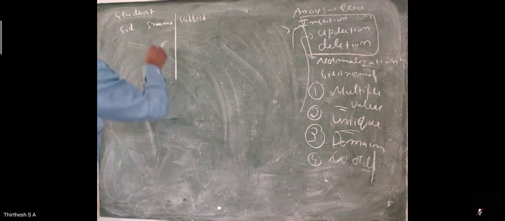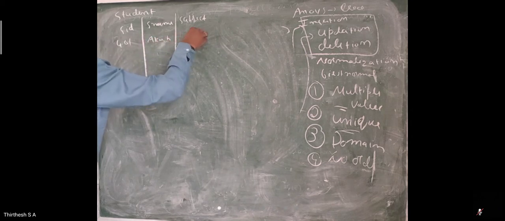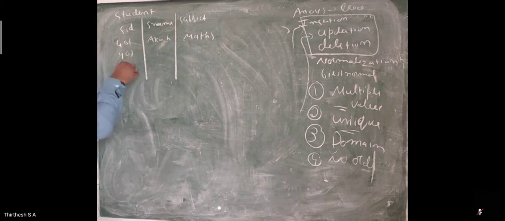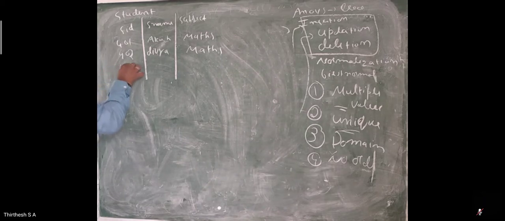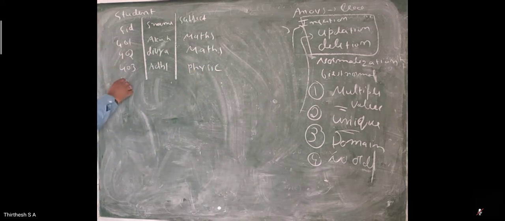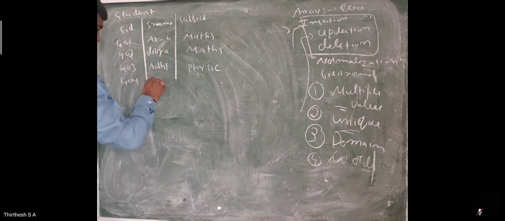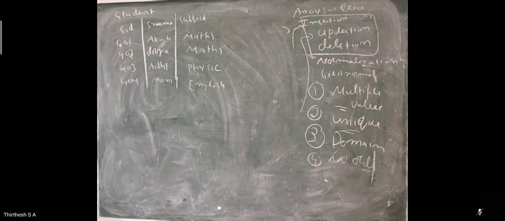Then I am going to insert 401 with subject as max, again 401, and 402 as max. So this is the table which doesn't have any normalization.